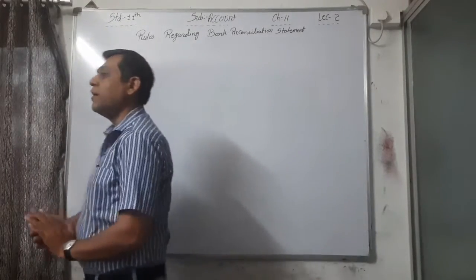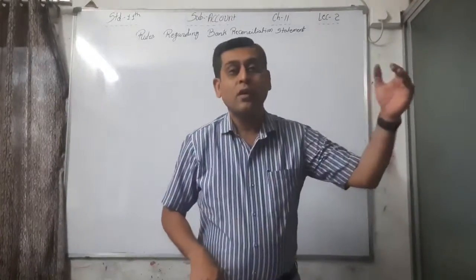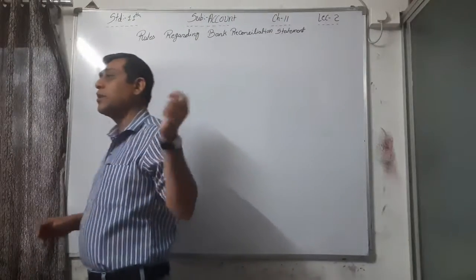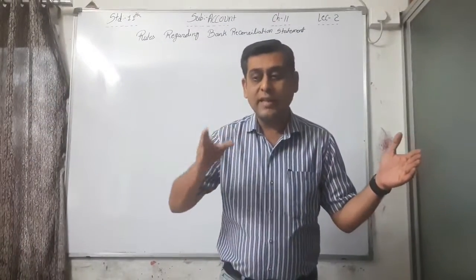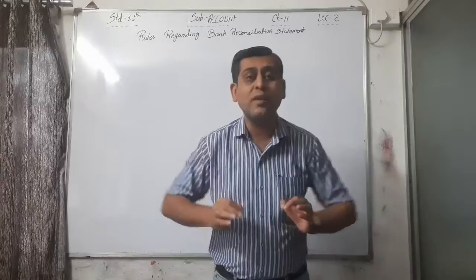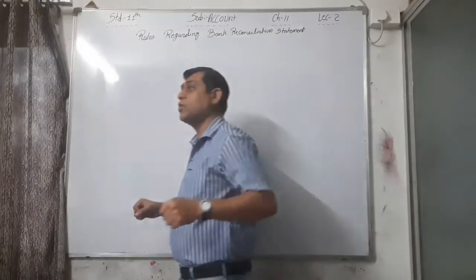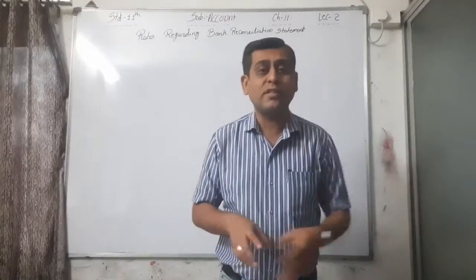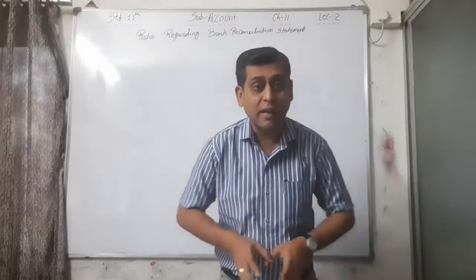Only the side is changed, but the amount must tally, 5,000 and 5,000, because all the transactions are recorded at the same time in the cash book as well as in the passbook. So the total of the balance must tally.